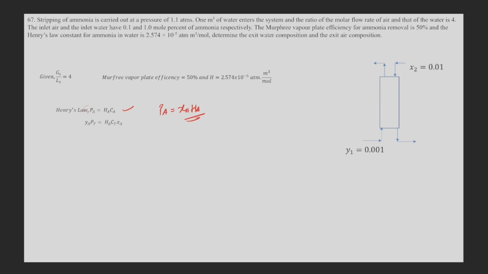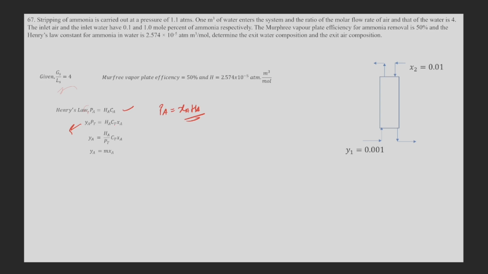Further, partial pressure is Ya times Pt. We have seen this many times in solving the modified Raoult's equation. H is equal to Ca, total concentration into composition of a solute. It is straightforward, so Y is equal to H upon Pt Ct Xa.